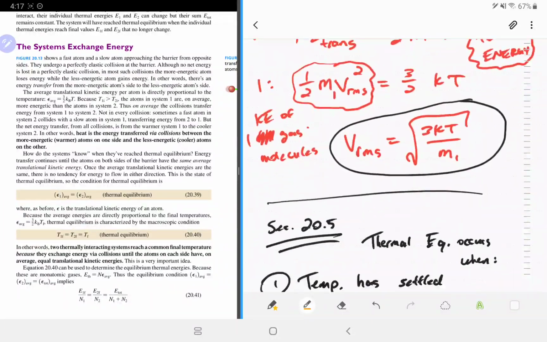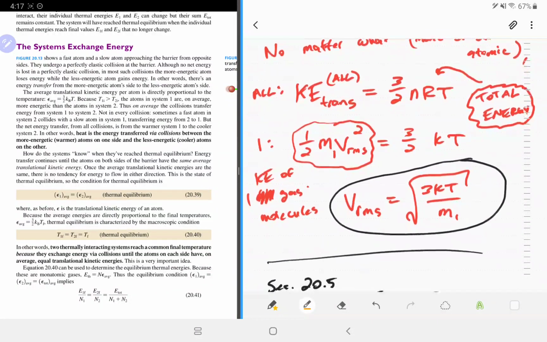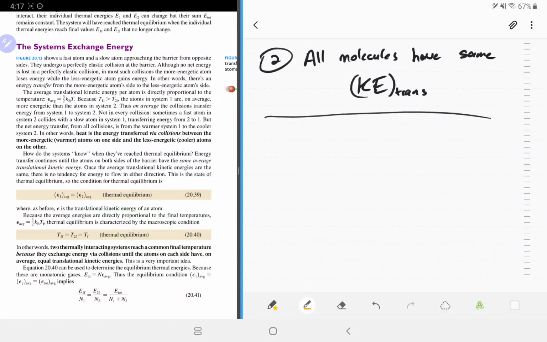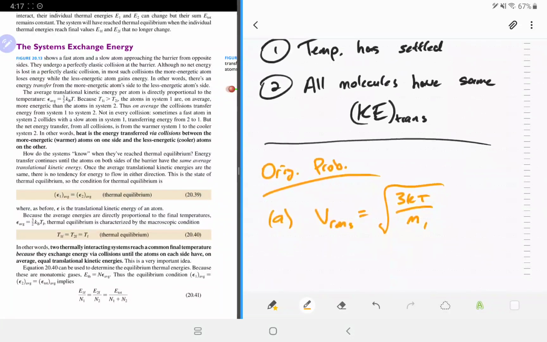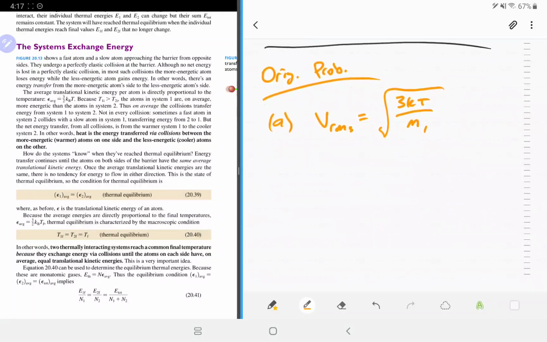So the speed of the molecules, remember, is governed by this equation right here. So VRMS, so the original problem of the day. So part A. So VRMS we just derived was square root of 3 kT over the mass of one molecule. Remember that right there. So O2 has a bigger mass.